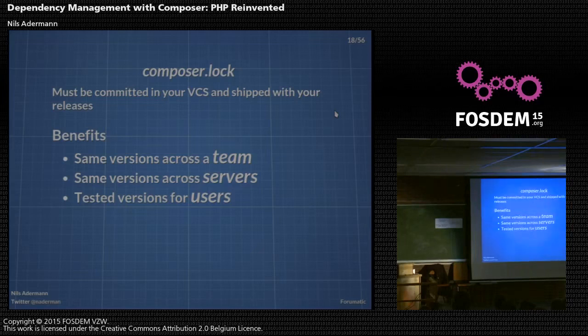So if somebody published a small release for one of your dependencies, this could result in some difference in behavior that you need to then fix in your code. But some coworker of yours might be trying to just get the project running, and then for some reason they get this new version because they're installing it later than the person who checked in composer.json, because they didn't check in a lock file.